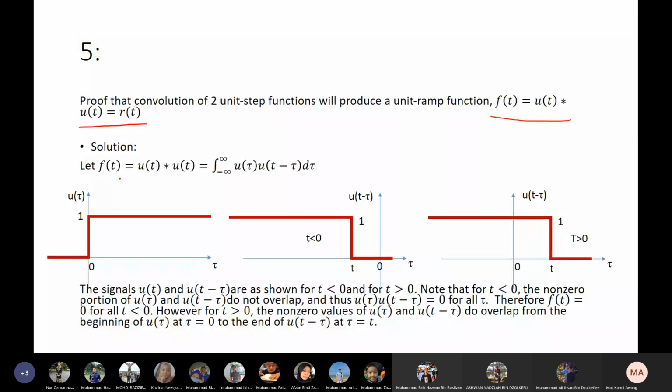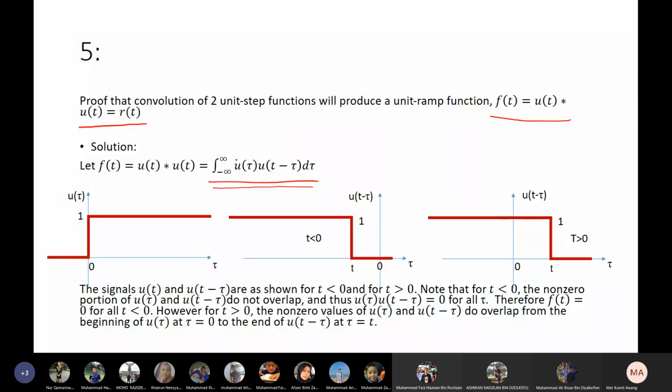Let f of t equal u of t convolved with u of t. This is the general equation for convolution, from minus infinity to infinity of u of tau times u of t minus tau d tau.